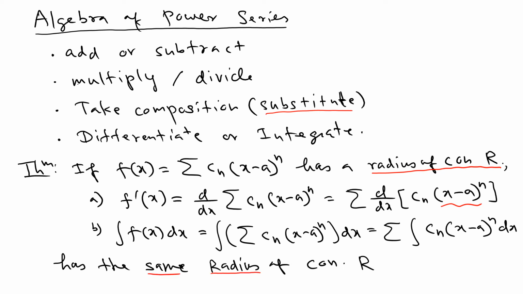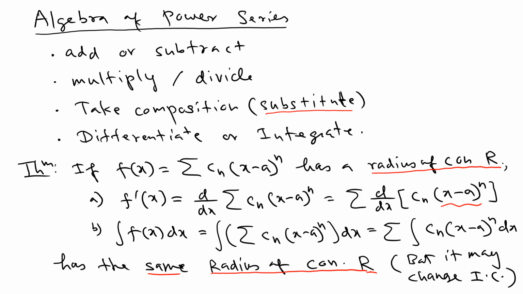So that means when you take the derivative or integral, it does not change the radius of convergence R, but it may change the interval of convergence, because you have to be careful with the endpoints.